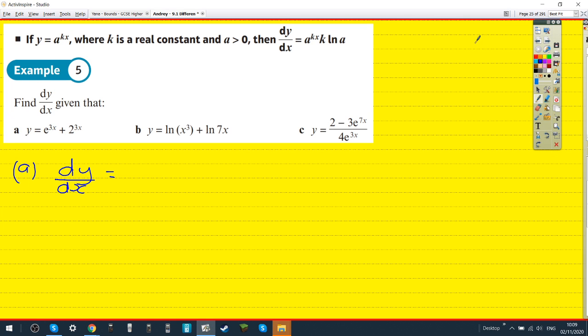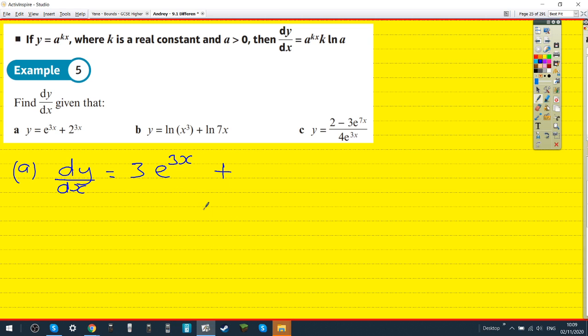So e to the 3x, what is the derivative of e to the 3x? e to the 3x. Yeah, and the derivative of 3x? 3. Yeah, so it would be that times 3. And so the derivative of the whole thing is, yeah.